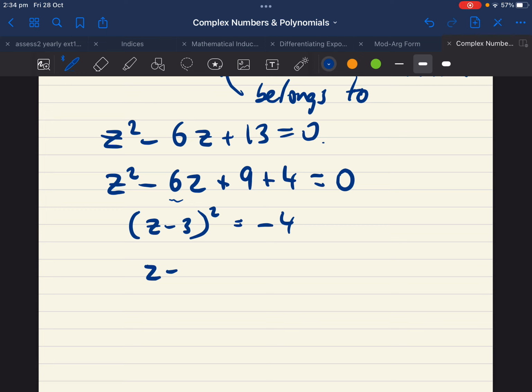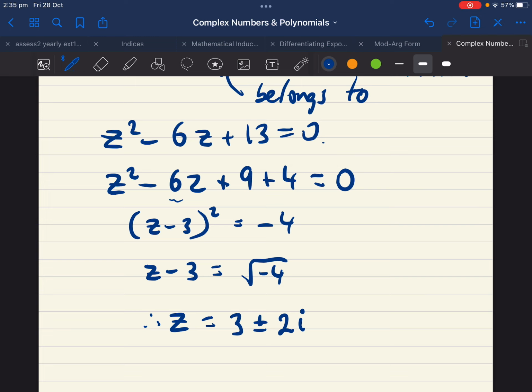No longer a case for us. z minus 3 will be equal to the square root of minus 4. Therefore, taking that negative 3 across, you end up with 3 plus or minus the square root of negative 4, which, as we know, the square root of 4 is 2, and the square root of minus 1 is i. So those are the solutions for it.